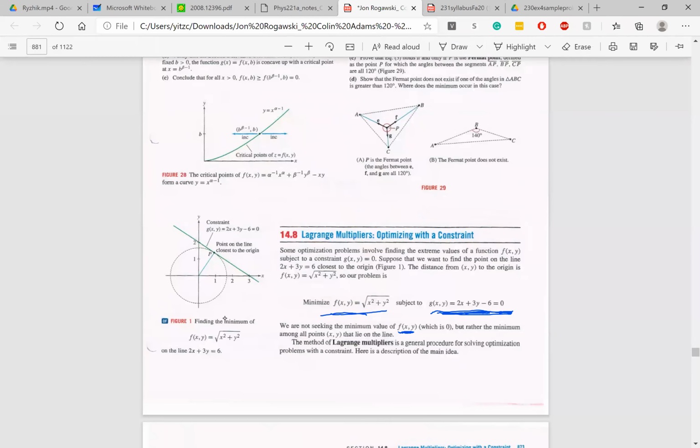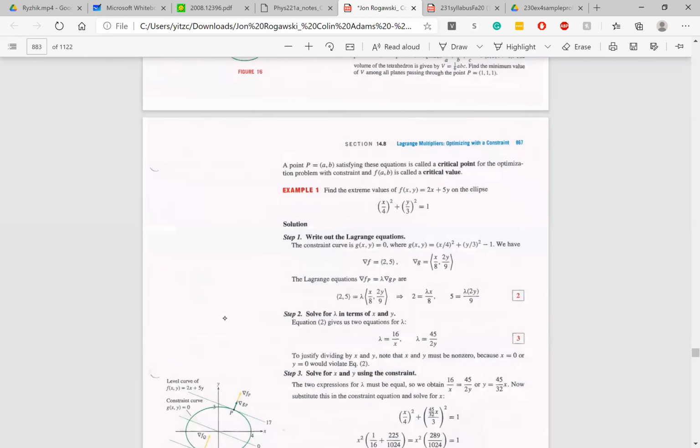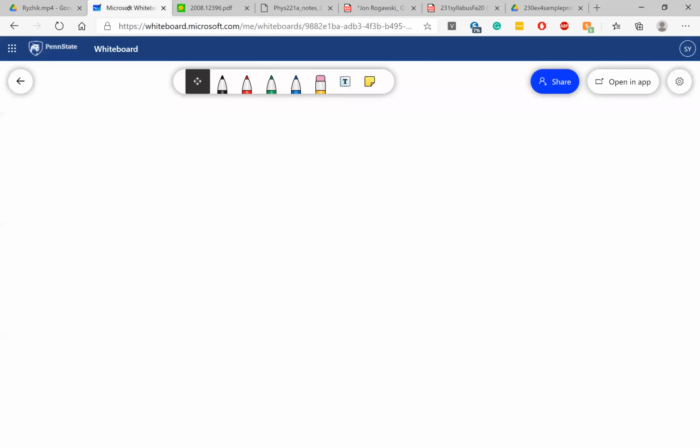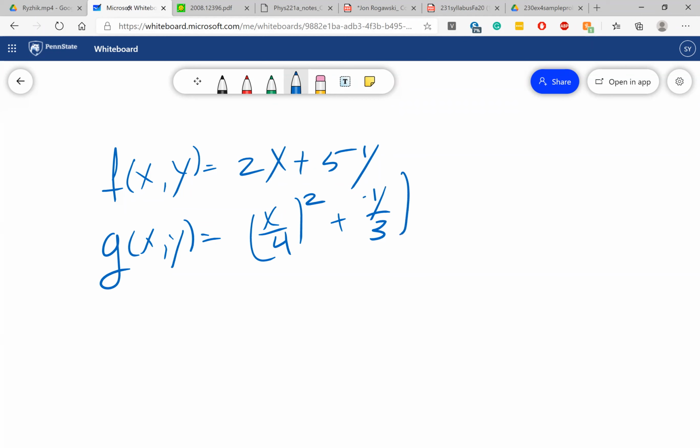So they tell us to find the maximum and the minimum of the function f, which is equal to 2x plus 5y. So f of x, y is equal to 2x plus 5y, and g of x, y is equal to (x over 4) squared plus (y over 3) squared is equal to 1.